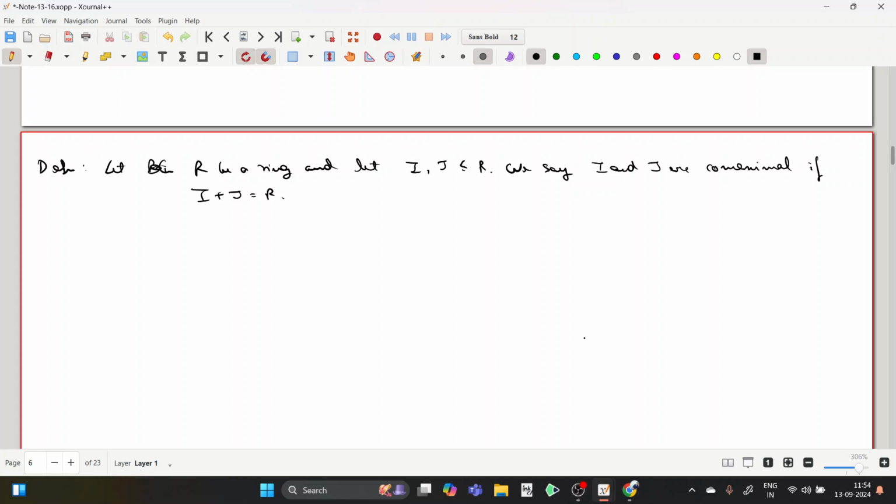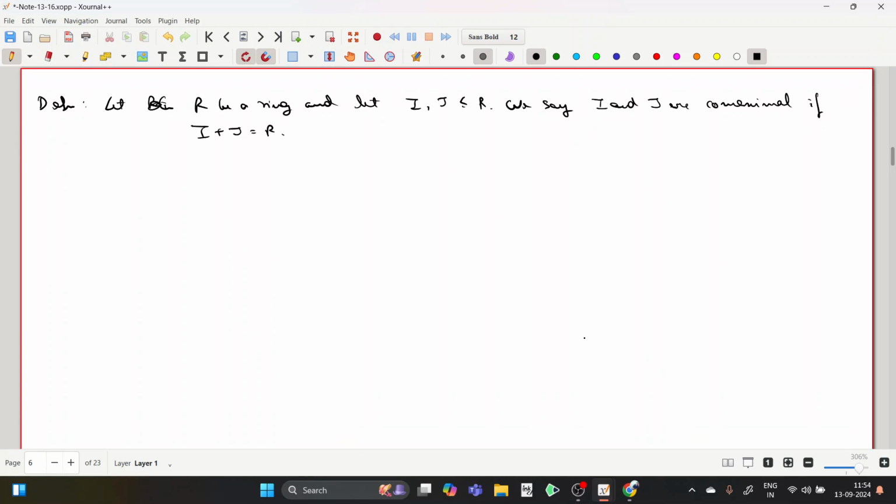Got it? Okay. Now this actually gives us what we call the Chinese remainder theorem, and we need no more tools to prove that. So what does the Chinese remainder theorem basically say? We start with n ideals of R, where R is a ring.